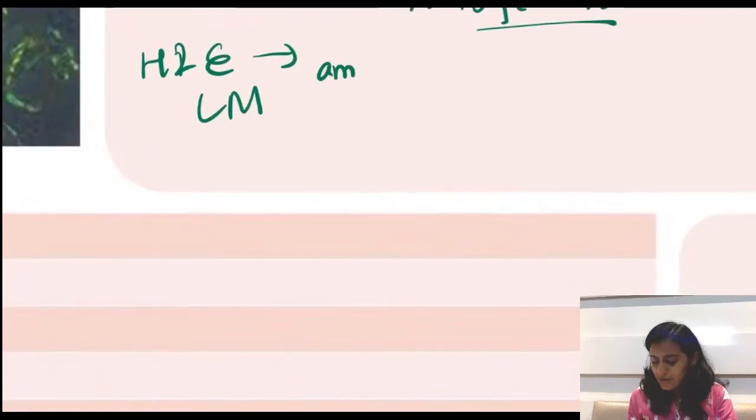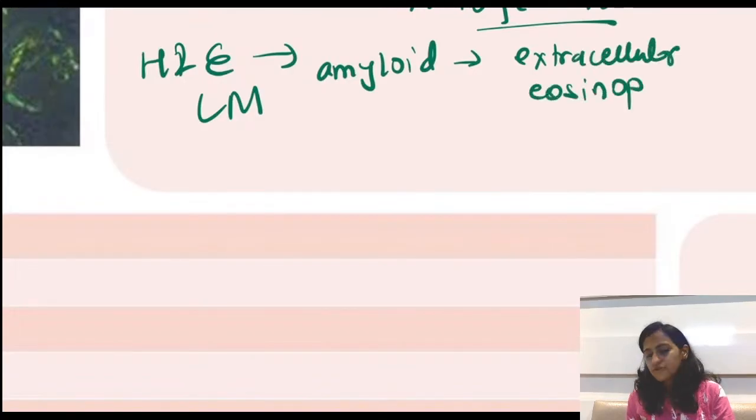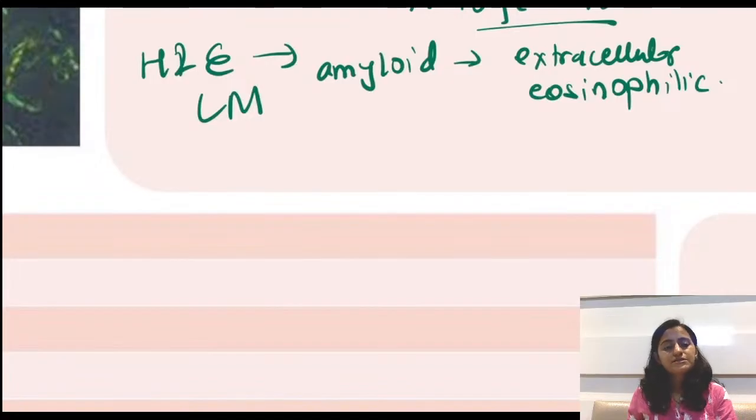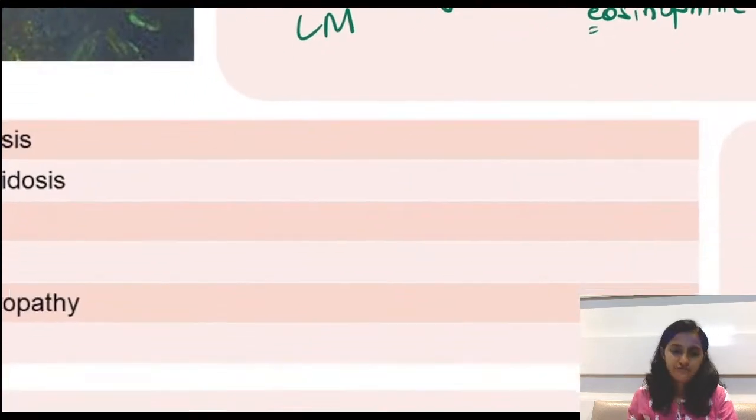So remember that on H&E, amyloid deposits are extracellular and eosinophilic. Very important. Remember the E and the E. Amyloid is EE, extracellular eosinophilic.